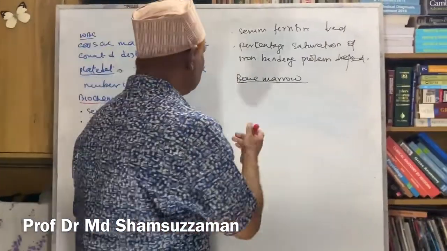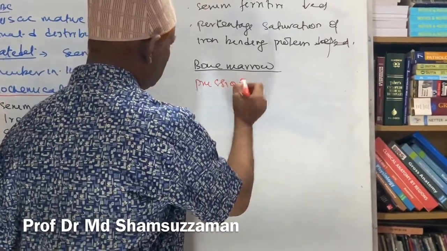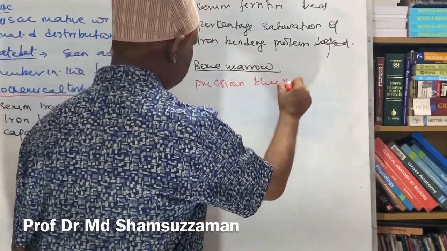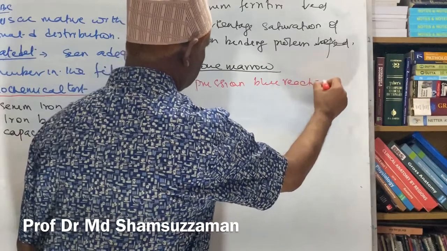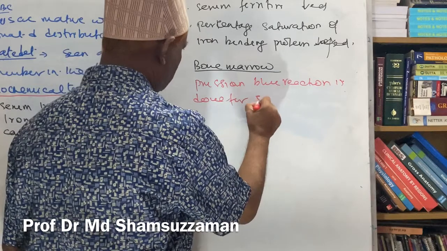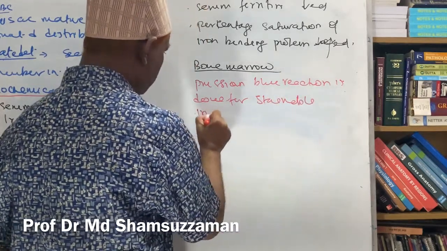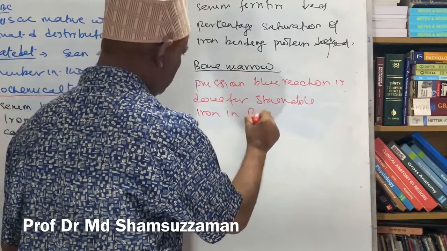Prussian blue reaction is a stain done for stainable iron in bone marrow.